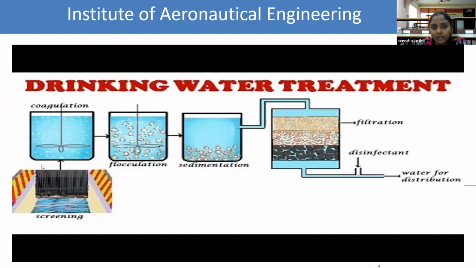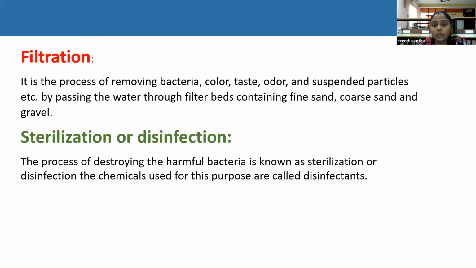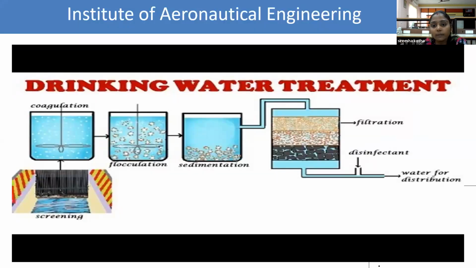The steps are screening, coagulation, flocculation, sedimentation, filtration, disinfection, and water for distribution. You can observe the filtration bed with sand, gravels and some bigger gravels. Step by step the water is filtered and later we get drinking water.